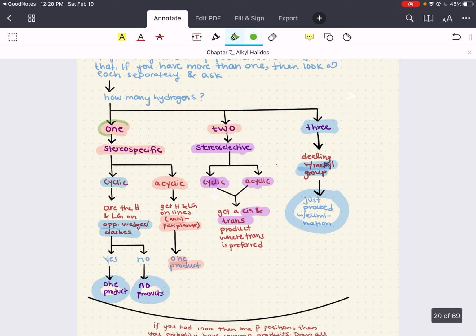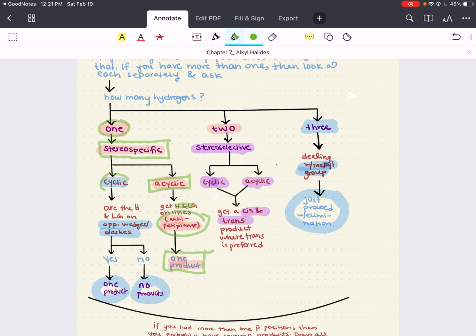If there is one hydrogen, you have to think stereospecific. That means if it's acyclic, you need to get the hydrogen and the leaving group on opposite sides of the plane from each other. So anti-periplanar, like what we just saw. And at the end of it, you're only going to get one product from that beta position with one hydrogen.